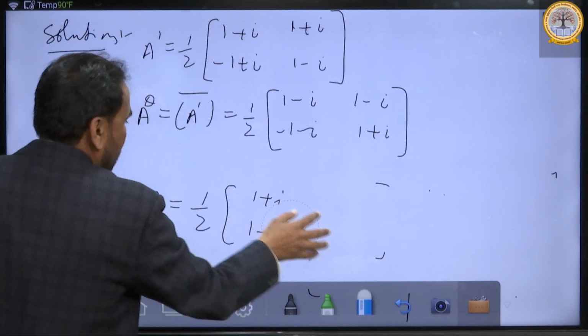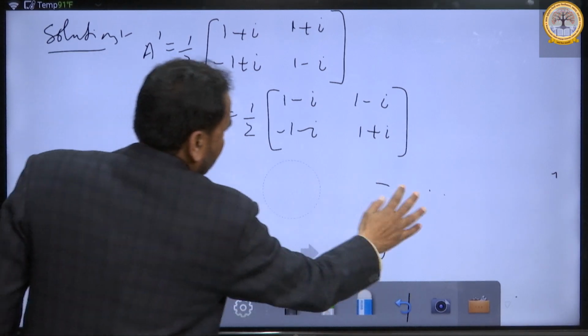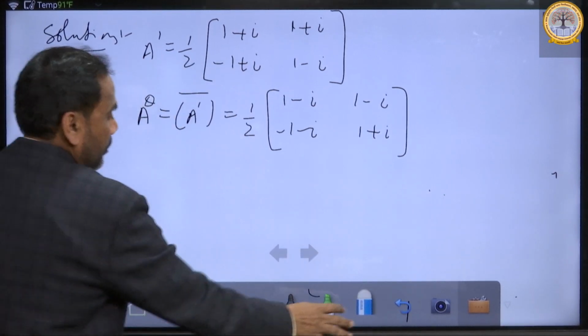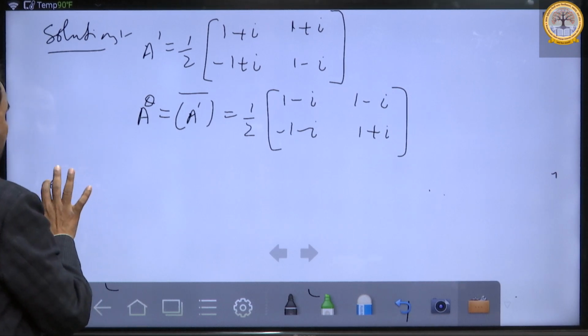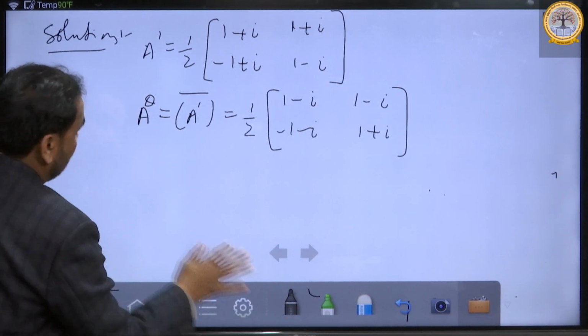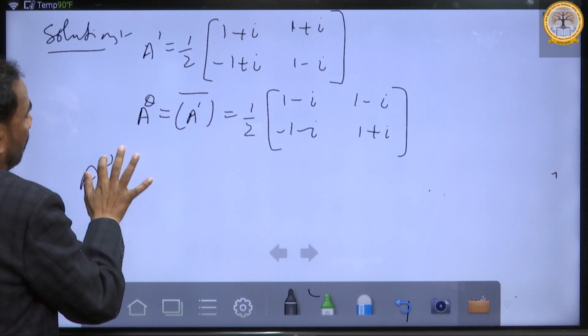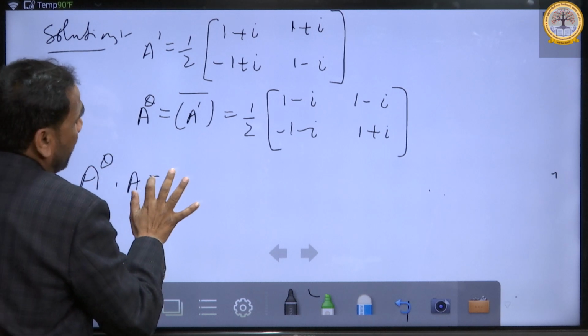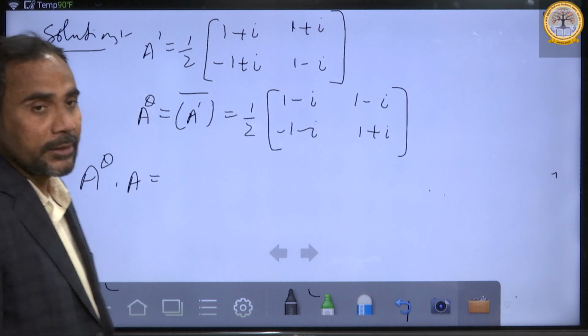We proceed. A to the power theta dot A means multiplication of matrices.